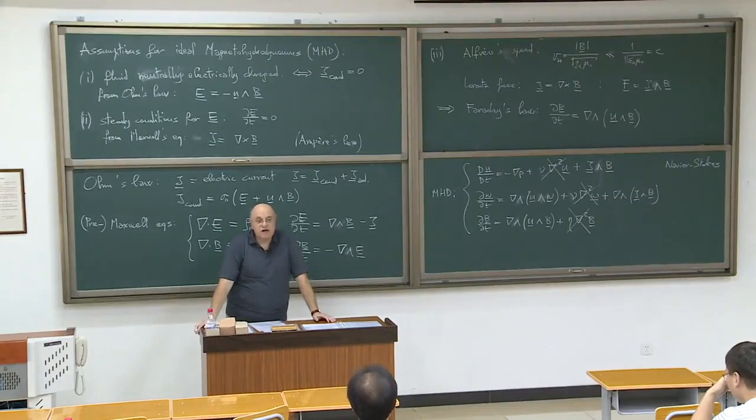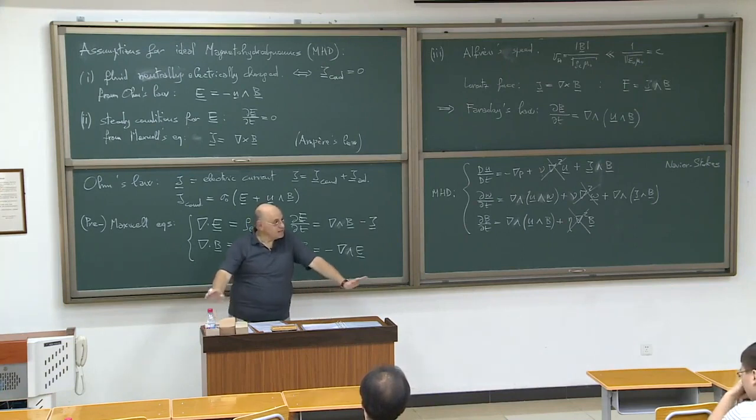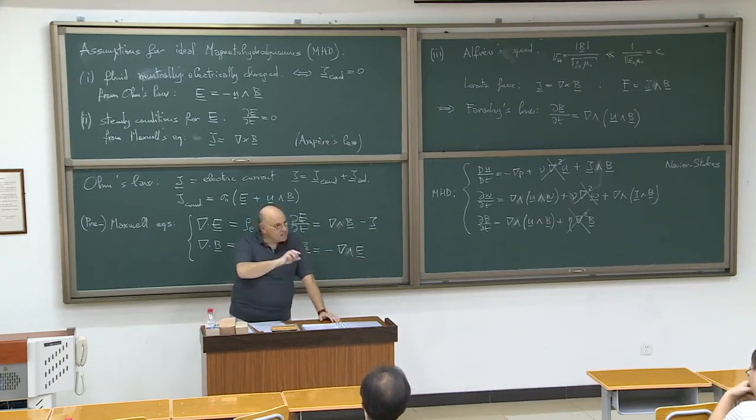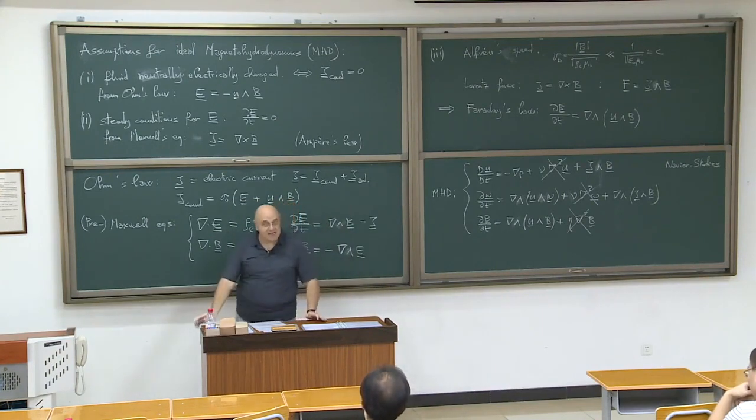There are cases in which velocity and vorticity are aligned, which is very important because it is a case where you have an excitement of complexity, so to speak, because you maximize helicity. We already know this. I didn't talk about magnetic helicity, but I already talked about kinetic helicity. It's the integral of u dot omega. If u and omega are parallel, then of course you have maximum kinetic helicity.